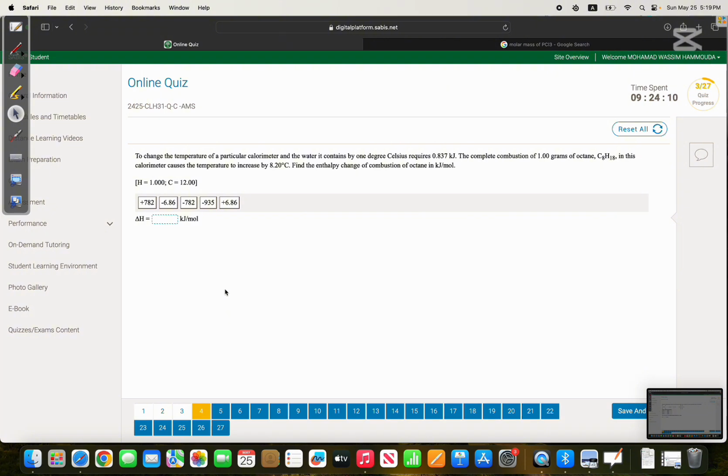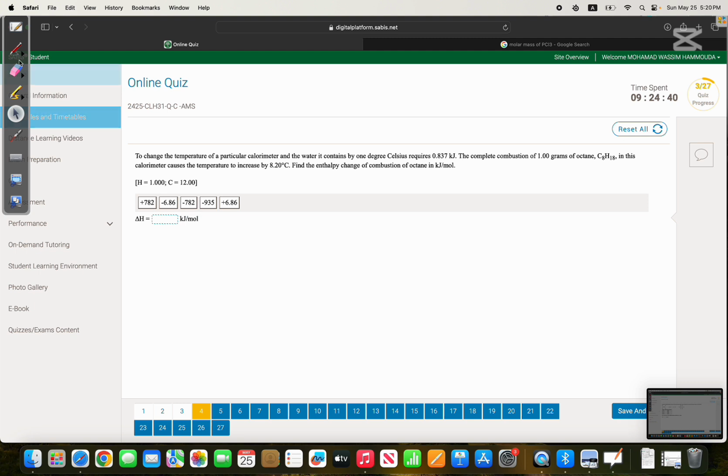Number 4. To change the temperature of a particular calorimeter, the water it contains, by 1 degree Celsius requires 0.837 kilojoules. The complete combustion of 1 gram of octane in this calorimeter causes the temperature to increase by 8.2 degrees Celsius. Find the enthalpy change.